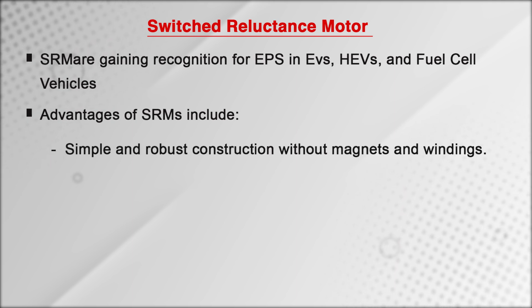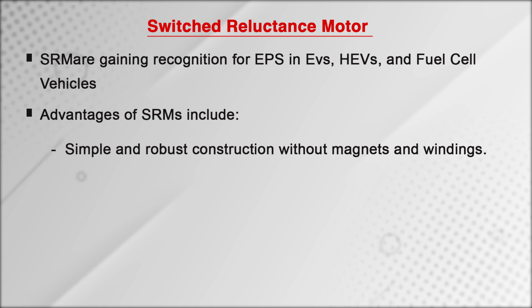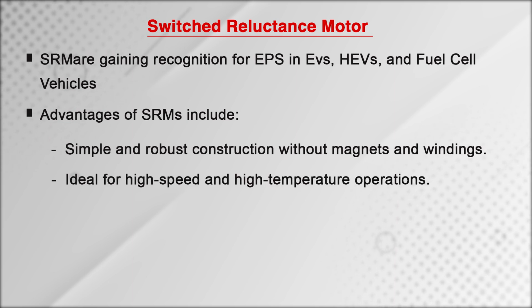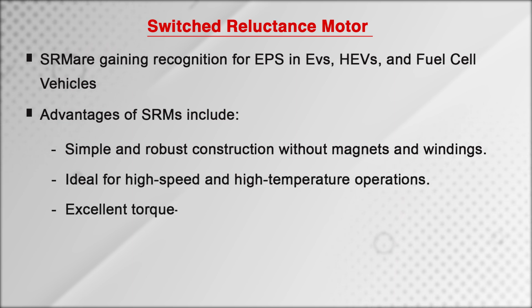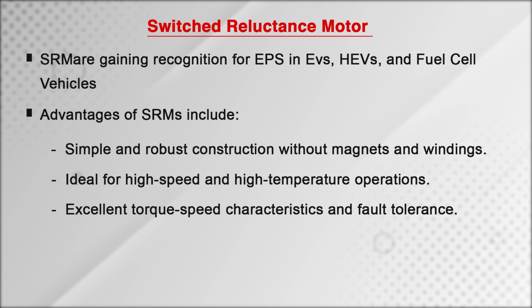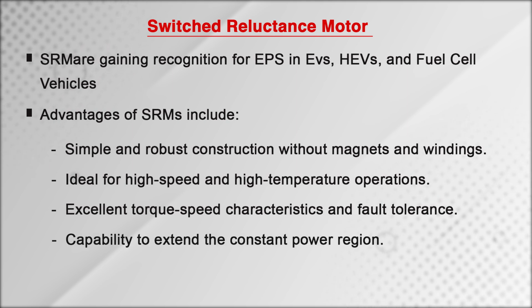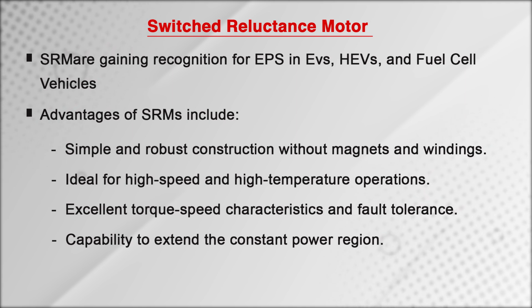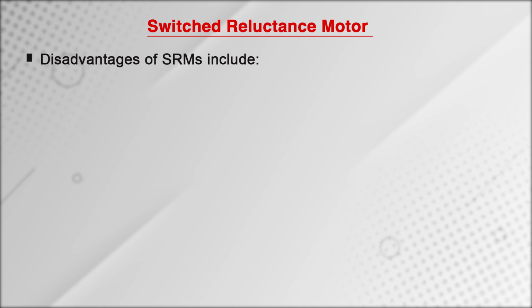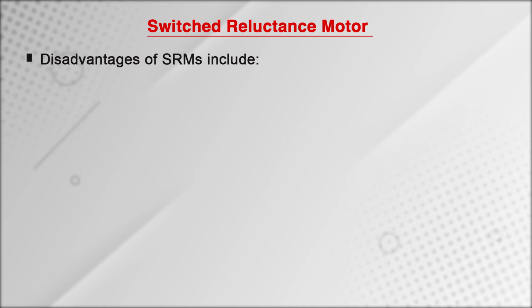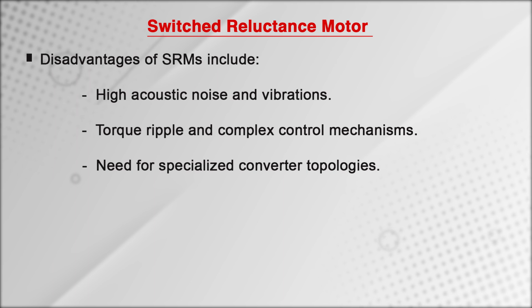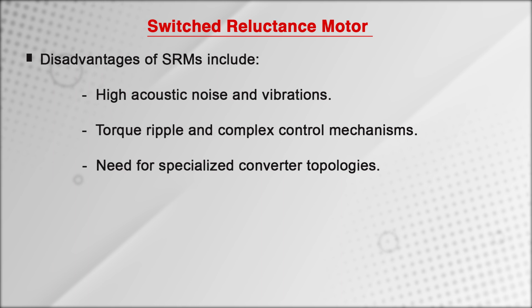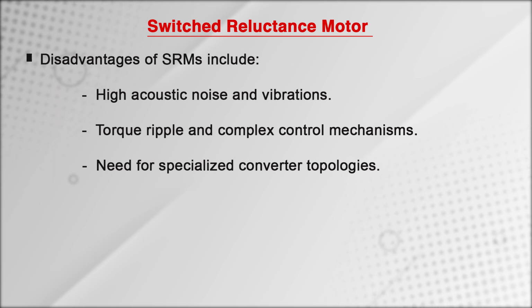They feature a rotor without magnets and windings, leading to a simple and robust construction, ideal for high speed and high temperature operation. Their excellent torque speed characteristics, fault tolerance and the ability to extend the constant power region enhance the performance of the switched reluctance motor. However, switched reluctance motors also have some drawbacks, including high acoustic noise, vibration, torque ripple, complex control mechanism and need for specialized converter topologies.